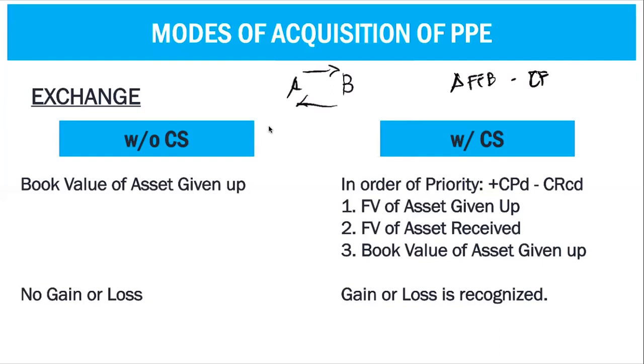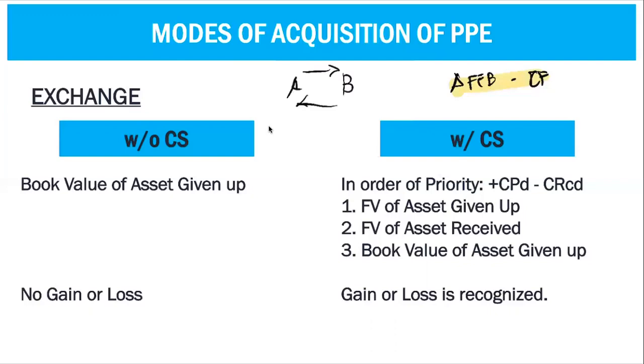The problem will always tell you whether the exchange lacks commercial substance or with commercial substance. But for theoretical purposes, remember this one. If ever there is a difference as to the future cash flows of the property, then we can say there is a commercial substance on that particular exchange.